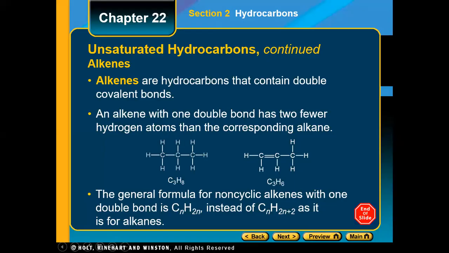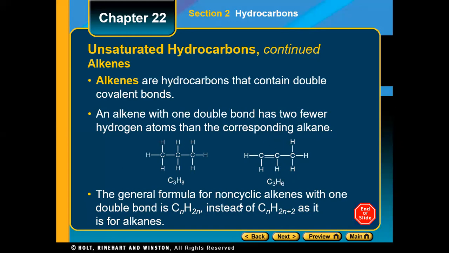But I was saying before we got the problem with the connection that this is talking about non-cyclic alkenes, because the moment this turns into a cyclic alkene, you will have to lose 2 more hydrogens. You already lost 2 hydrogens here in order to have this double bond.